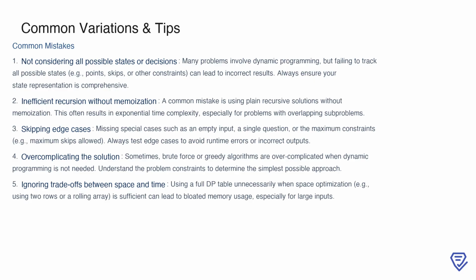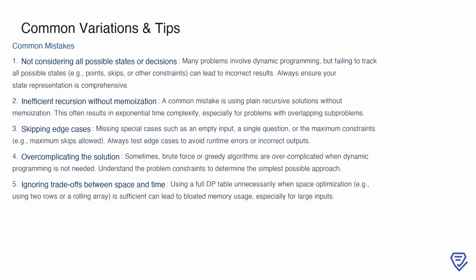Additionally, skipping edge cases is a classic mistake. Special cases, like handling an empty input, only one question, or scenarios with maximum constraints, are crucial to test thoroughly to avoid runtime errors or inaccurate outputs. Overcomplicating the solution is another issue. Sometimes the problem constraints allow for a simpler brute force or greedy approach, and unnecessarily forcing dynamic programming can make the solution more complex than it needs to be.